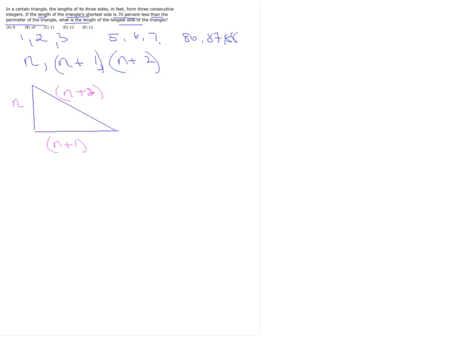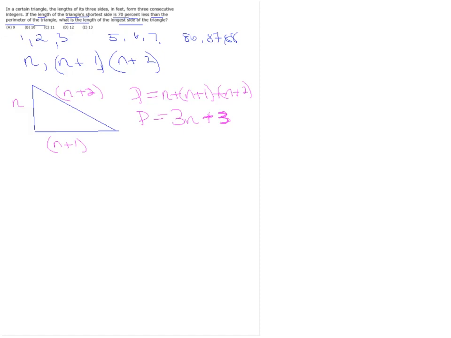So the perimeter is n plus n plus 1 plus n plus 2, so the perimeter is 3n plus 3. Algebraically, the perimeter can be represented by 3n plus 3.